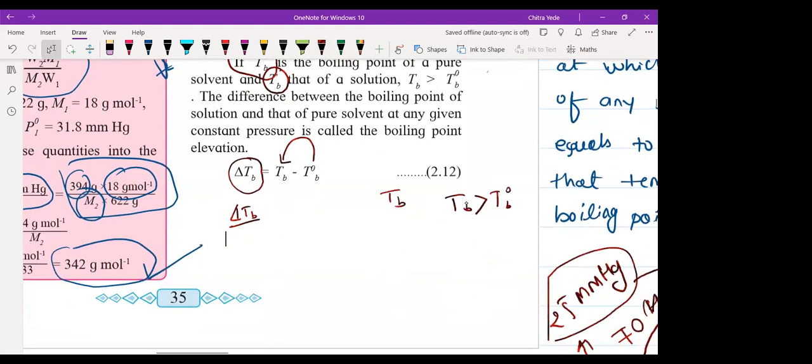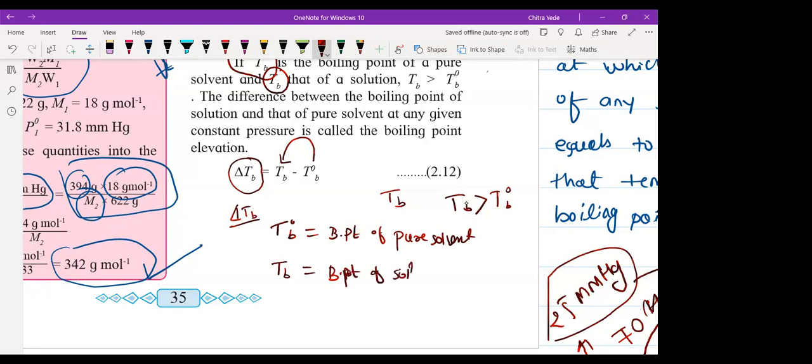What is T0? It is the boiling point of the pure solvent. After adding a non-volatile solute, it becomes TB, the boiling point of the solution, and we know it is greater than T0.